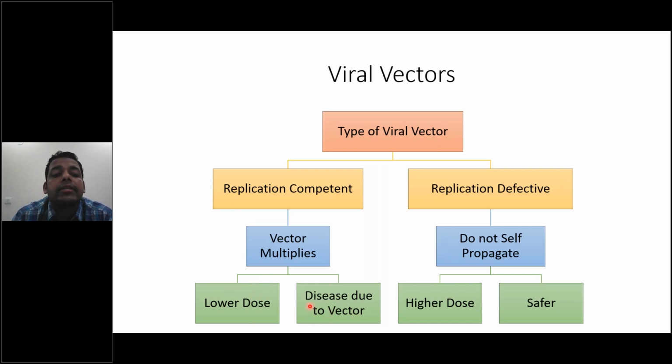In replication defective, the vector does not self-propagate. So even though a higher dose may be required, these are extremely safe and we will not even have the disease that the vector may cause.